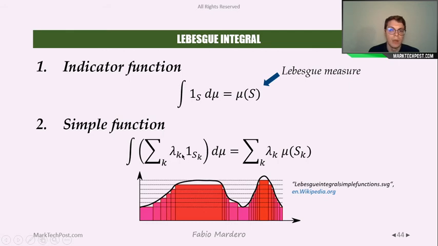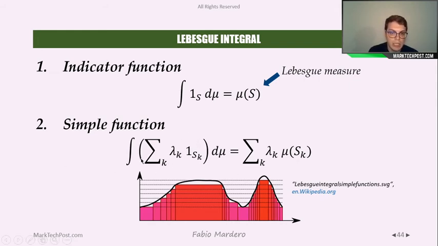Lambda k is a coefficient that is applied to the indicator function. So this term, lambda k times the indicator function, means that we get a function that has the same behavior of the indicator function, but instead of giving me 1 inside the set S_k, it will give me lambda k.